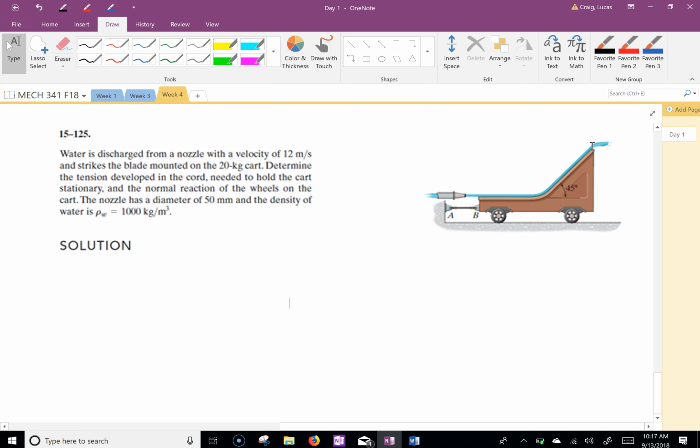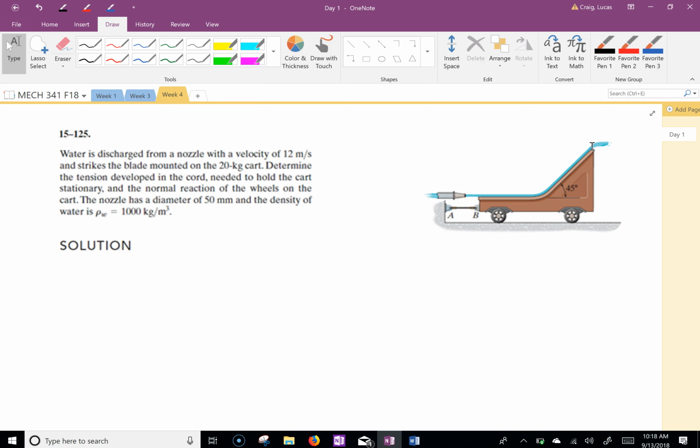We know it's not, but this gives a good approximation. Determine the tension in the cord to hold it there and the normal reaction of the wheels on the cart. Given the nozzle diameter, we're going to assume it's water, and the density of water is 1,000 kilograms per meter cubed.